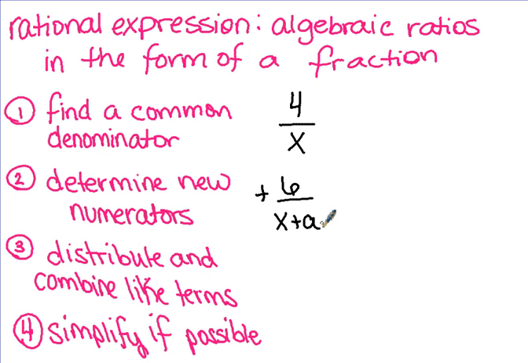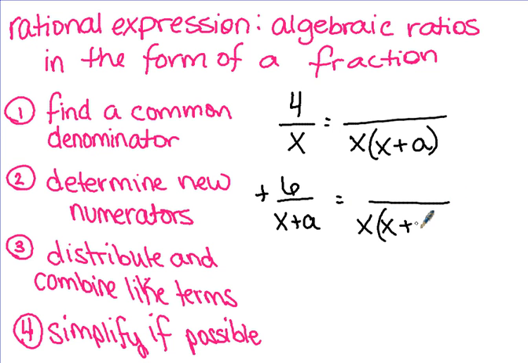Most often in these problems, in order to find a common denominator, you're going to have to multiply the 2 denominators together. So our denominator is going to be x times x plus a. Right, if you want to distribute that so that you have x squared plus ax, that would be fine. All right, but we found the common denominator by multiplying the 2 denominators together. That gives me x times x plus a.